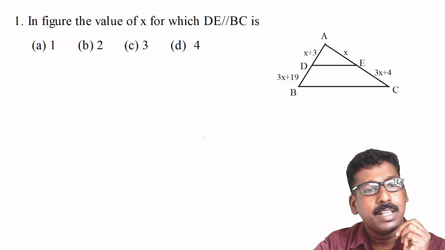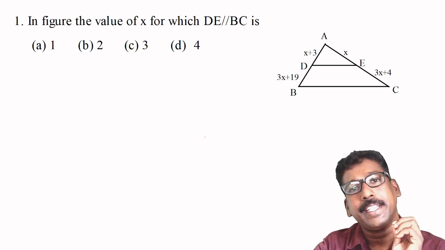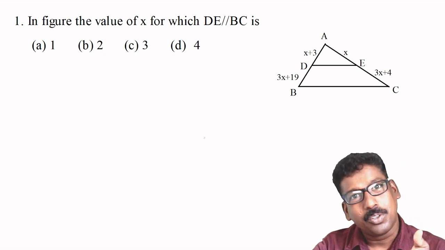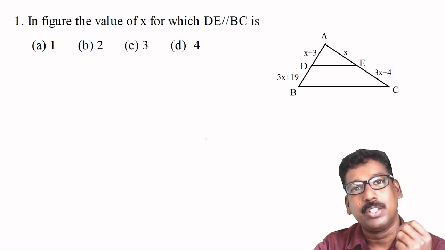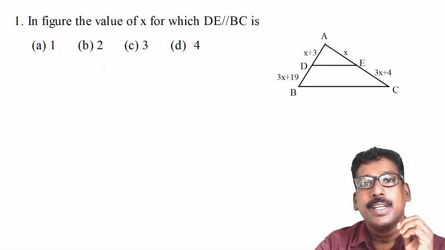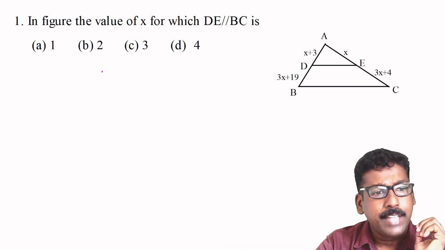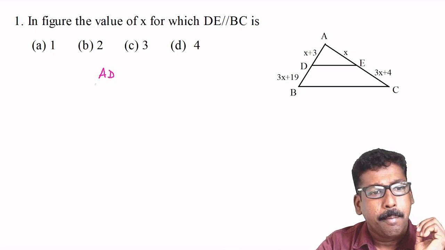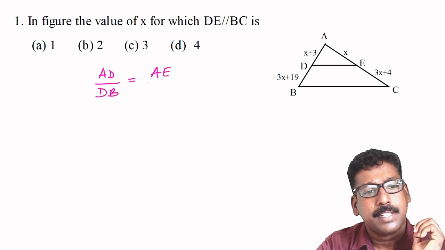In the figure, the value of x for which DE is parallel to BE is. Of course, by using the basic proportionality theorem, you can find out its value. Try to find out yourself by pausing this video. Here, according to the basic proportionality theorem, you can write AD by DB is equal to AE by EC.